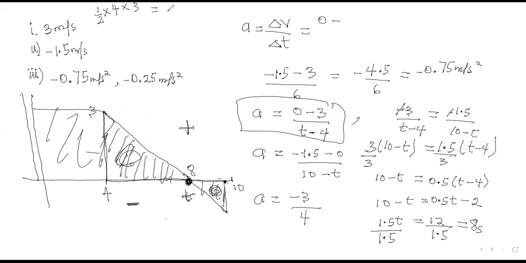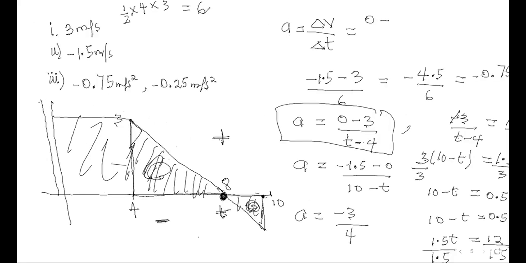This is giving us 6. Then this is plus the rectangle. Okay, 3 times 4. That is 12. So this is giving us 18. The whole of this area is equal to 18.